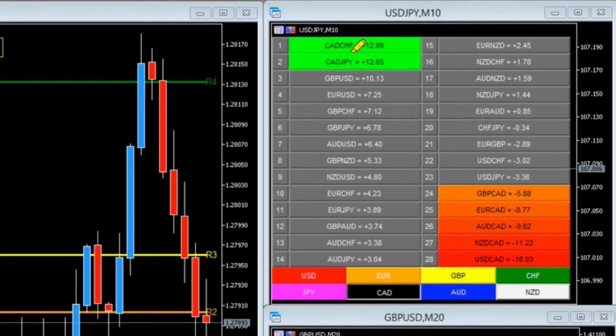Up at the top, we've got the Canadian Swiss and the Canadian yen, so we've got strong buying in the Canadian dollar there. Equally down at the bottom, where we've got the Canadian dollar as the counter currency, just a strong sentiment. So we've got selling in pound CAD, euro CAD, Aussie CAD, New Zealand CAD, and indeed the chart we have up here, which is the dollar CAD, right at the bottom of the ranking ladder on the 10-minute time horizon.